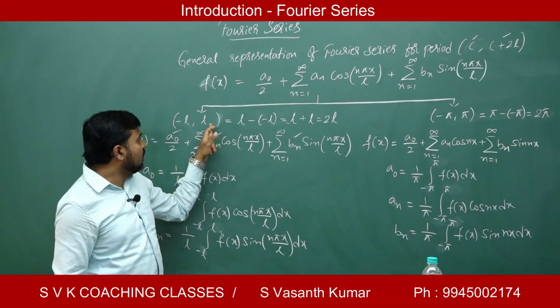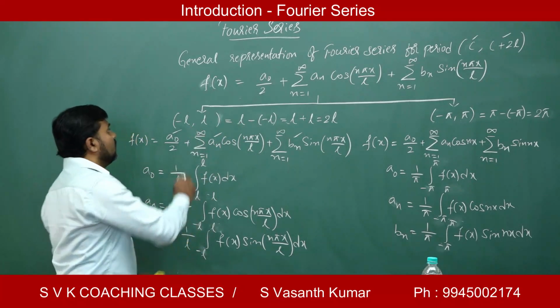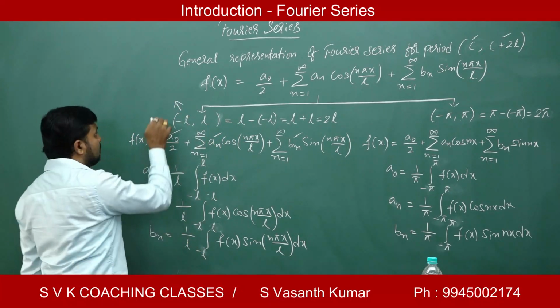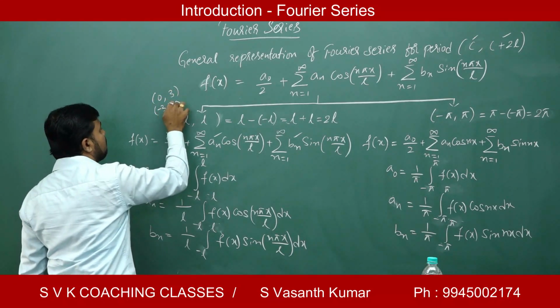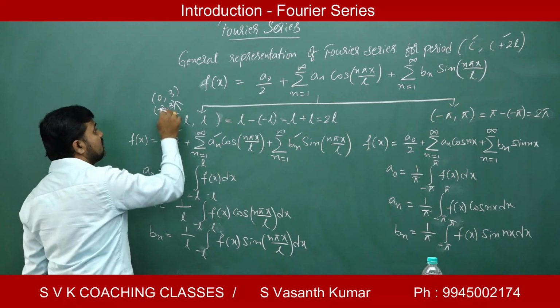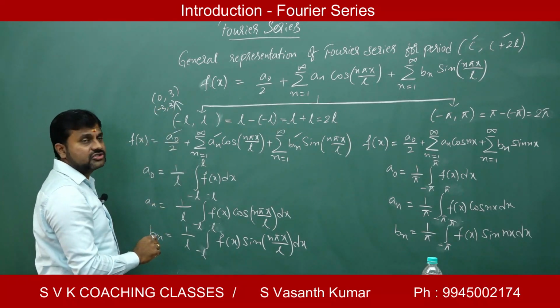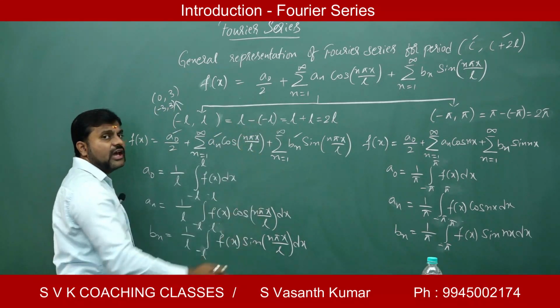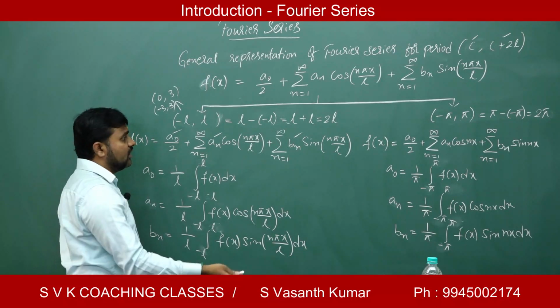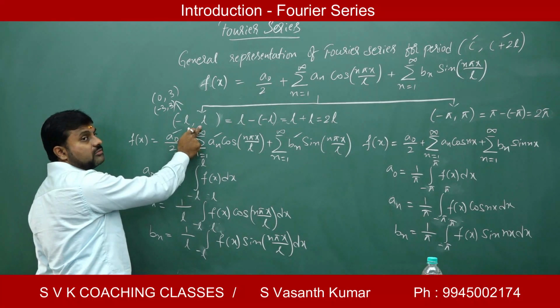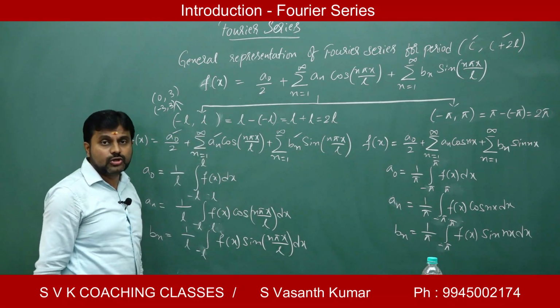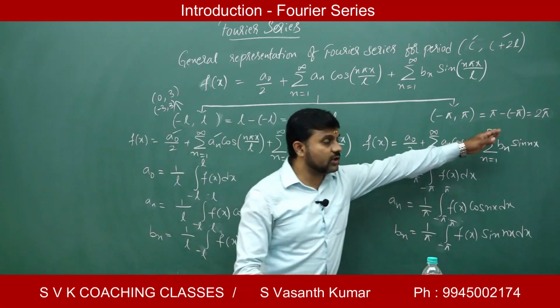You can have problems with intervals like 0 to 3, or minus 3 to 3. This is an example of an arbitrary constant. Arbitrary constant means L can have any real value.